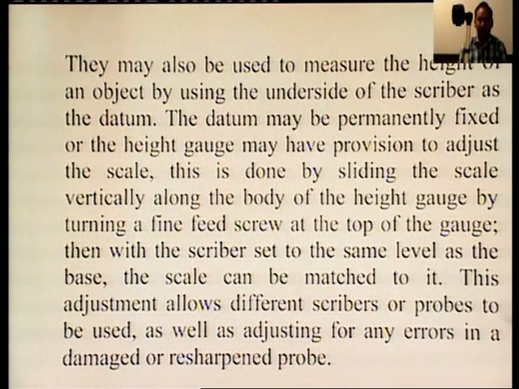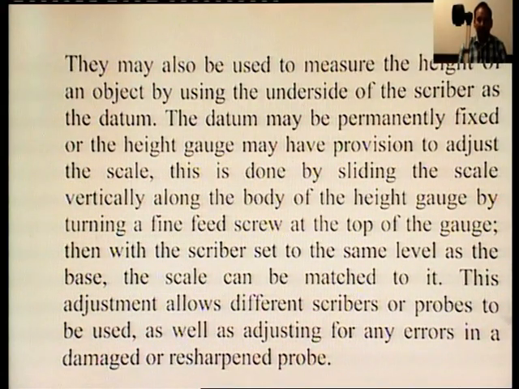They may also be used to measure the height of an object by using the underside of the scriber as the datum. The datum may be permanently fixed or the height gauge may have provision to adjust the scale. This is done by sliding the scale vertically along the body of the height gauge by turning a fine adjustment screw at the top of the gauge.